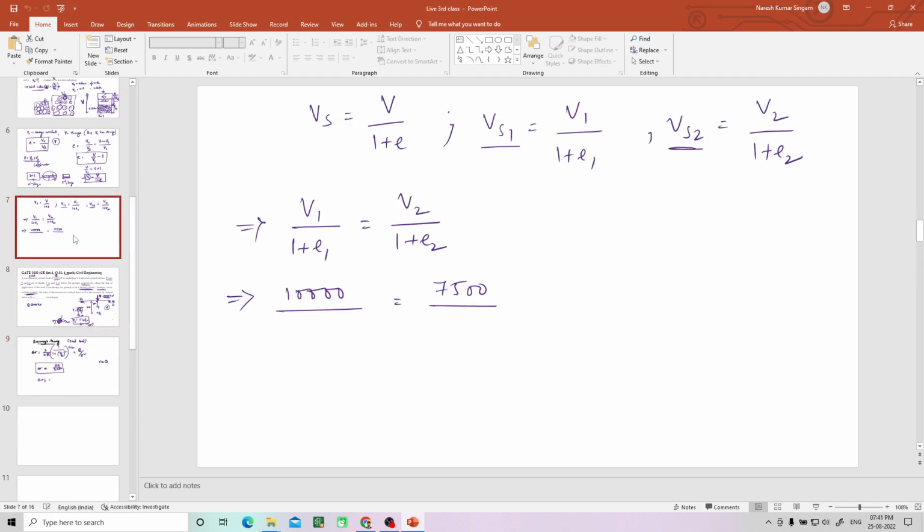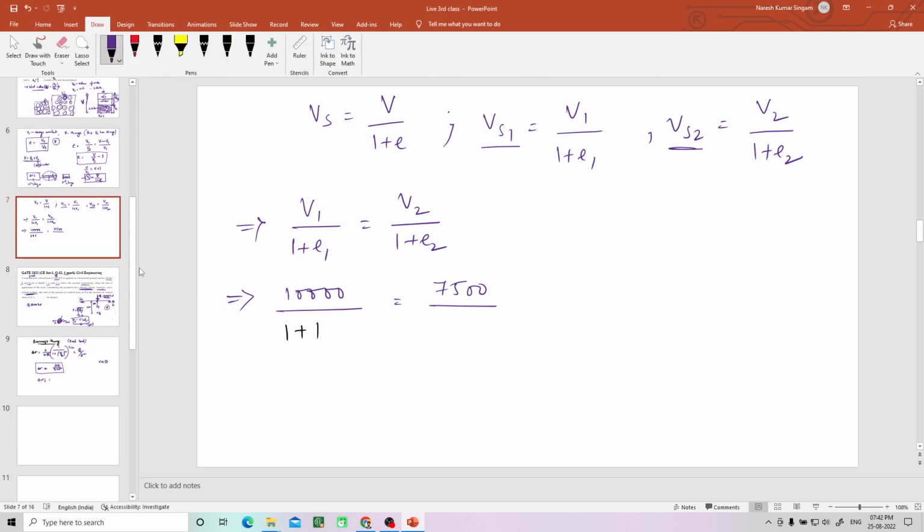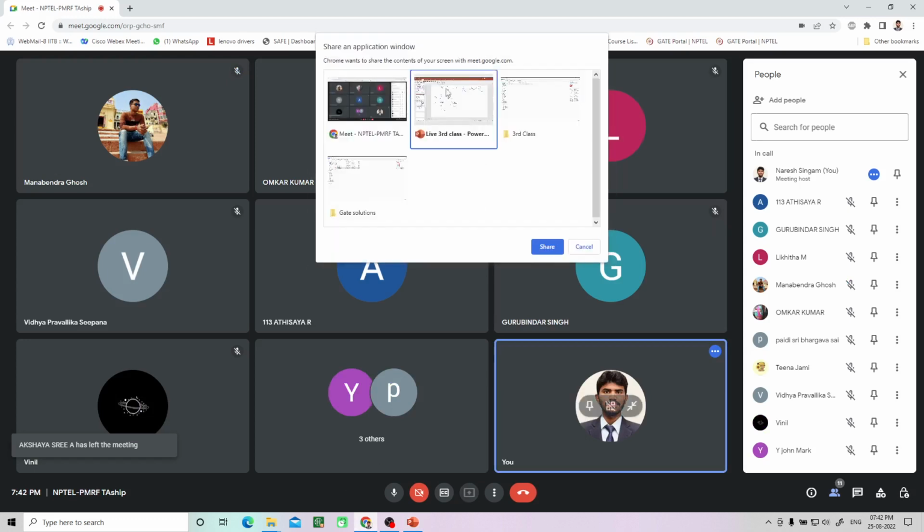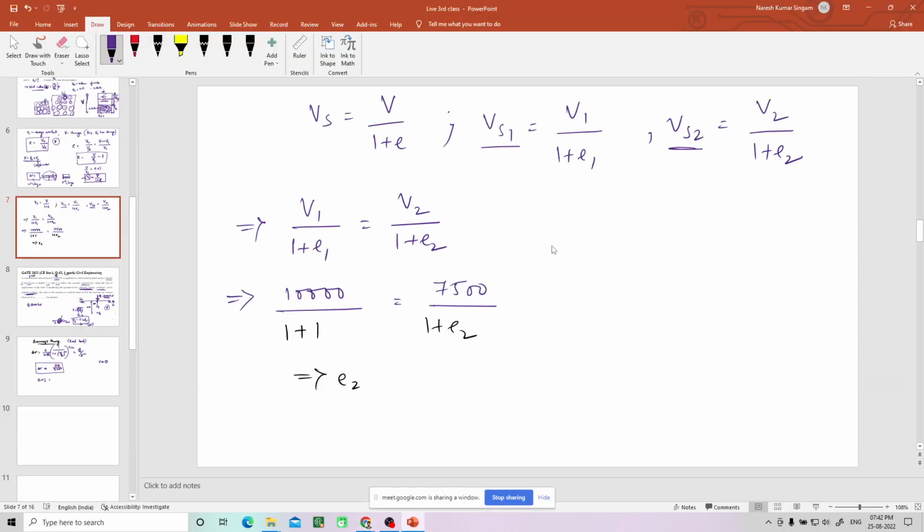Anyway, here you want to see the calculation of this? Shall I complete? Okay. Yeah, anyway, here E1 is 1, whereas E2 is to be found out. From this, acha, fine. I hope you can see now.